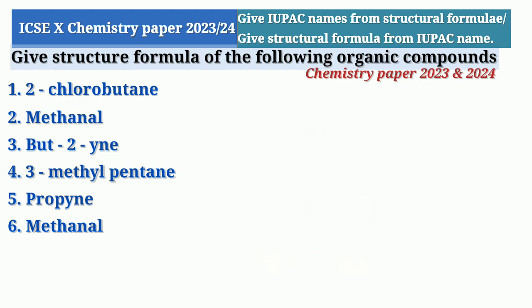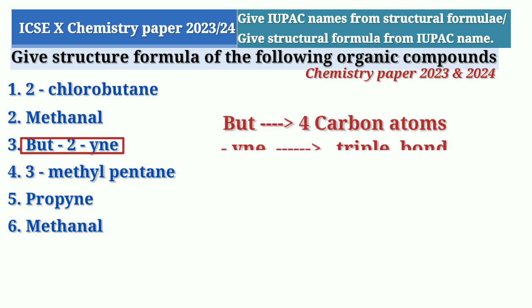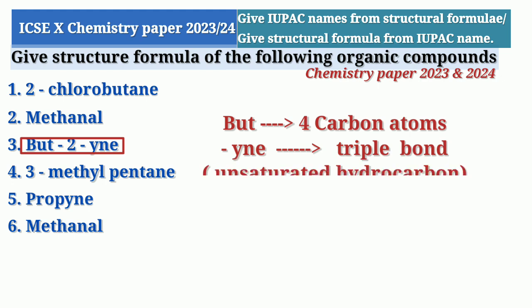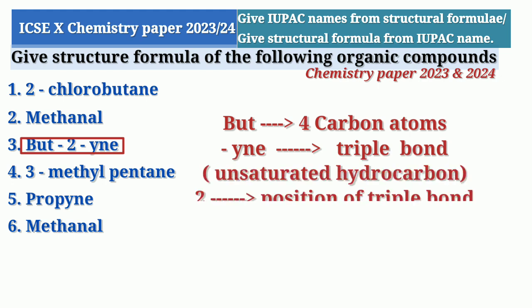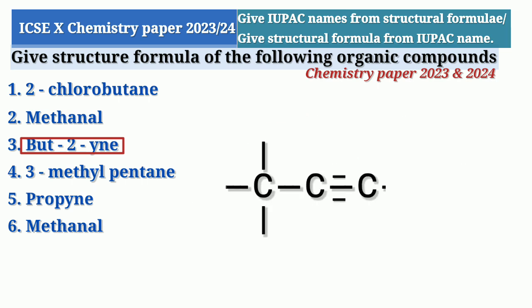Next compound is but-2-yne. But tells us it's a 4 carbon compound, and yne tells us functional group present in this compound is triple bond. That means it is an unsaturated hydrocarbon, and 2 tells us position of triple bond is between second and third carbon atom. Let's first draw 4 carbon atoms with triple bond between second and third carbon atom.